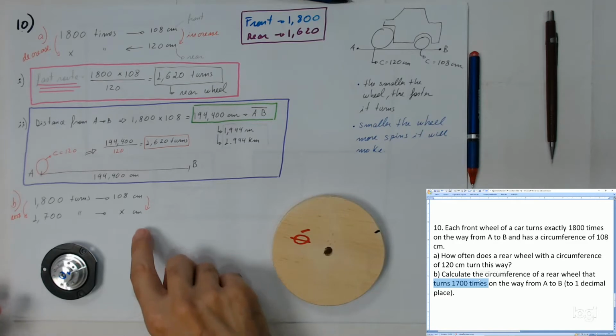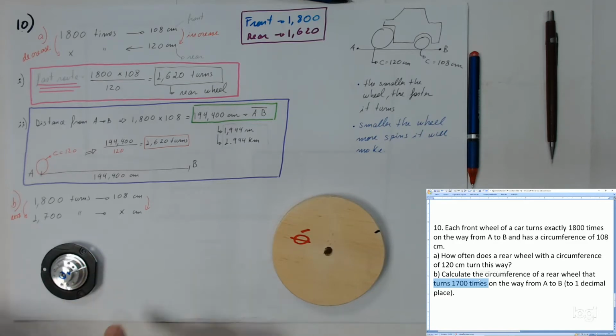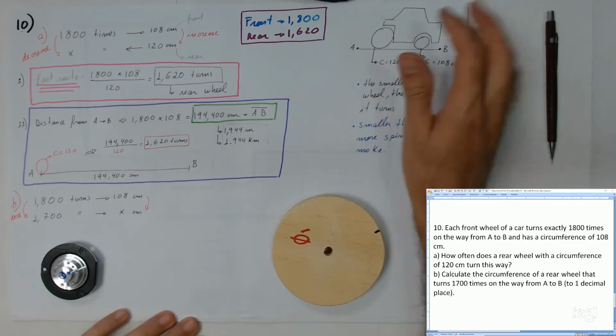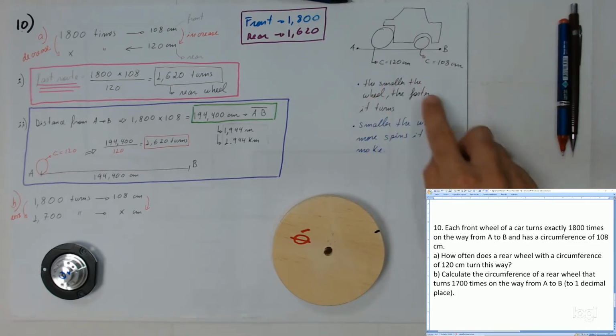What is going on? If it makes less turns, what is needed? Is it going to be bigger or smaller? Now, what is going on? Try to read in here. I'll wait a little bit.